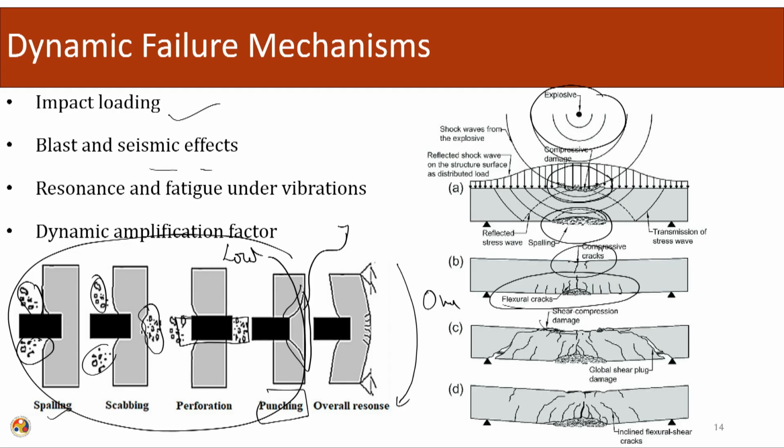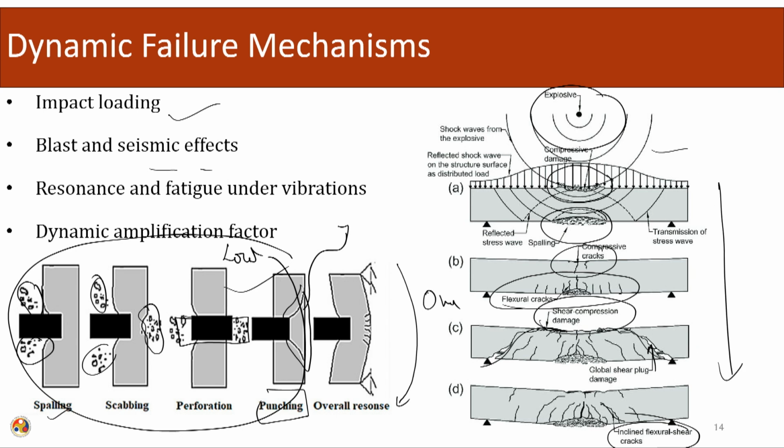After that, the shear compression damage failure has formed, and here we can see plug damage also, and this is a case of the inclined flexural cracks failure. So, due to different types of mechanisms, impact and blast, different types of failure mechanisms can be shown.